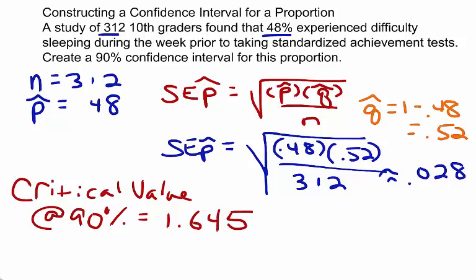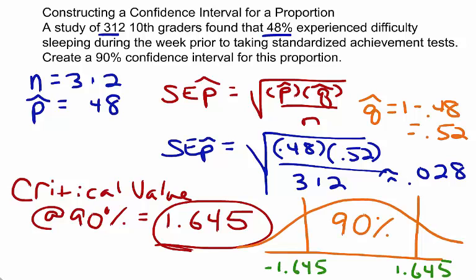If you're not sure about this value, you can use your inverse normal function on your graphing calculator, or you can use a z-score chart, because our critical value is a specific value of z. It's the value of z that represents the cutoff at a 90% level of confidence.